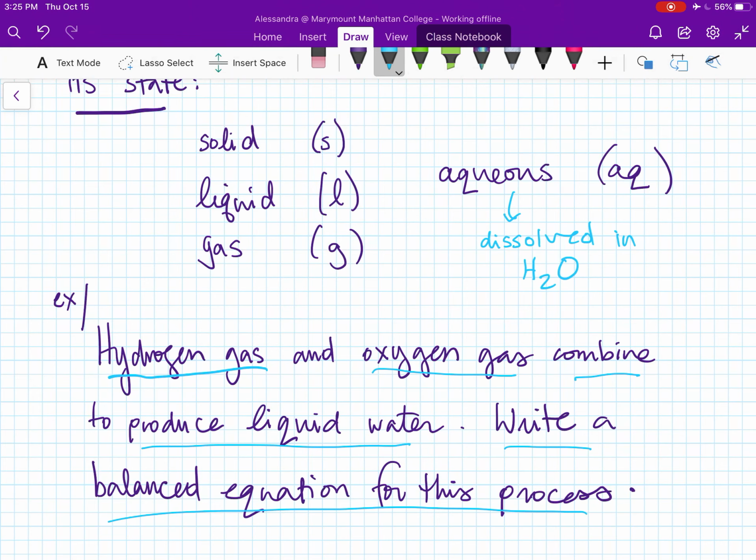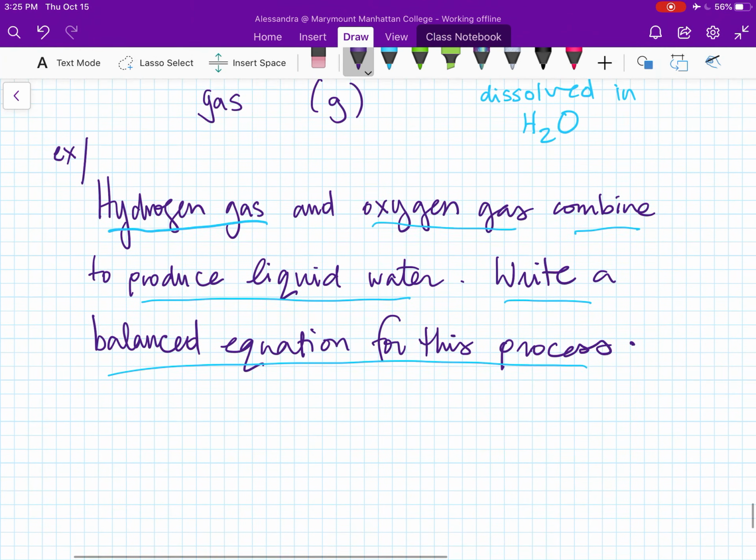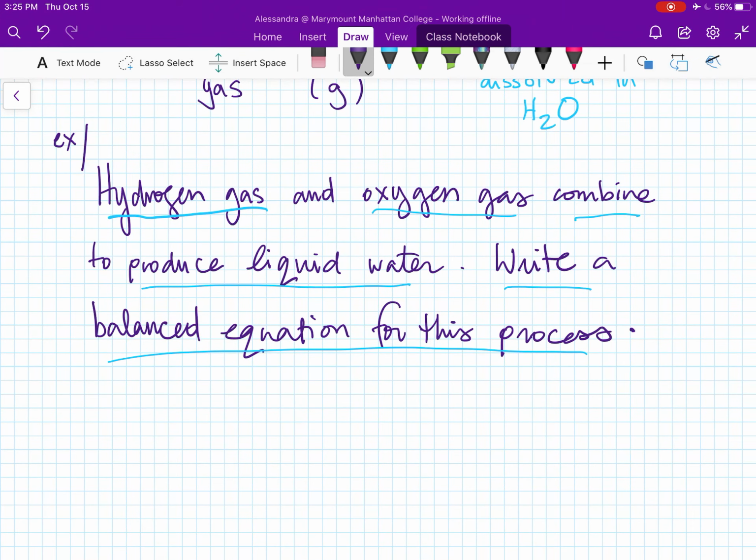All right, so one thing that is crucial to know is that quite a few of the non-metals on the periodic table occur naturally as diatomic species, and hydrogen and oxygen are 2 of them. So hydrogen and oxygen occur as these diatomic gases.